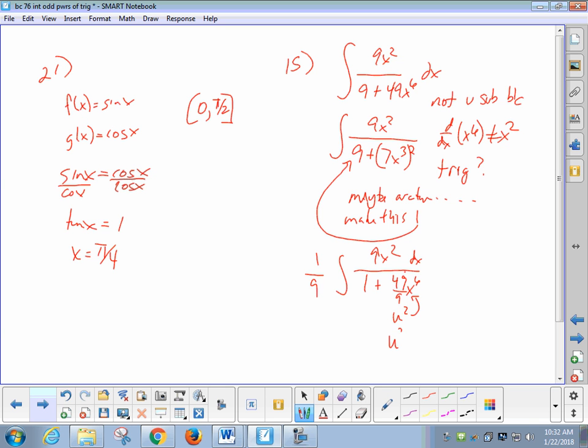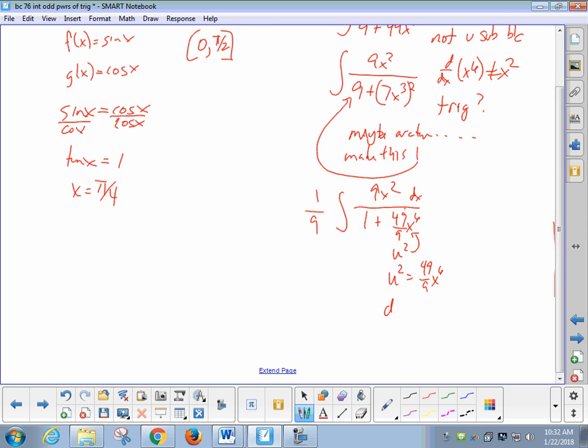If U squared is 49/9 x to the 6th, then U is 7/3 x to the 3rd, and du would be 7x squared dx. Cool? You with me? Now then, let's deal with that 9. Let's move that 9 out front, and we get x squared dx.